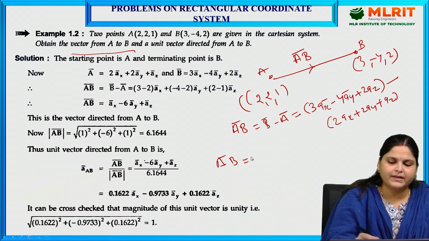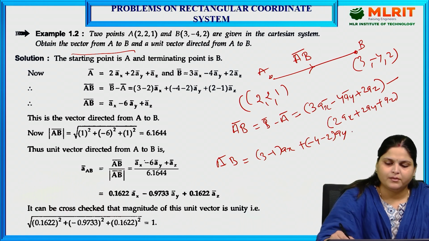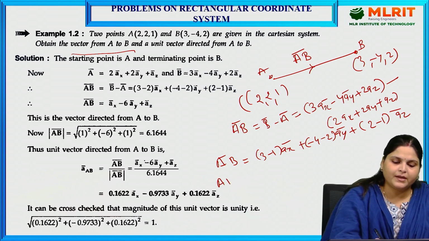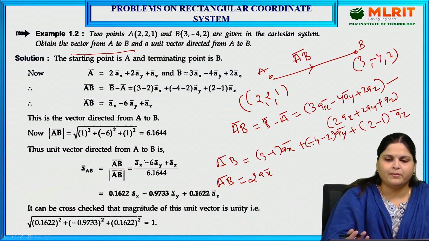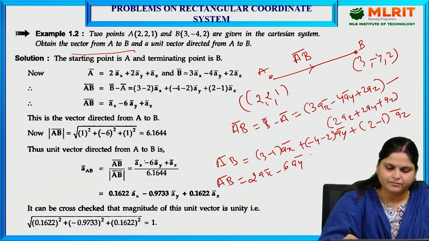AB is equal to 3 minus 2, which is 1 ax, plus minus 4 minus 2 ay, plus 2 minus 1 az. Here minus 4 minus 2 will be added, so it becomes minus 6ay, and 2 minus 1 will become 1az.